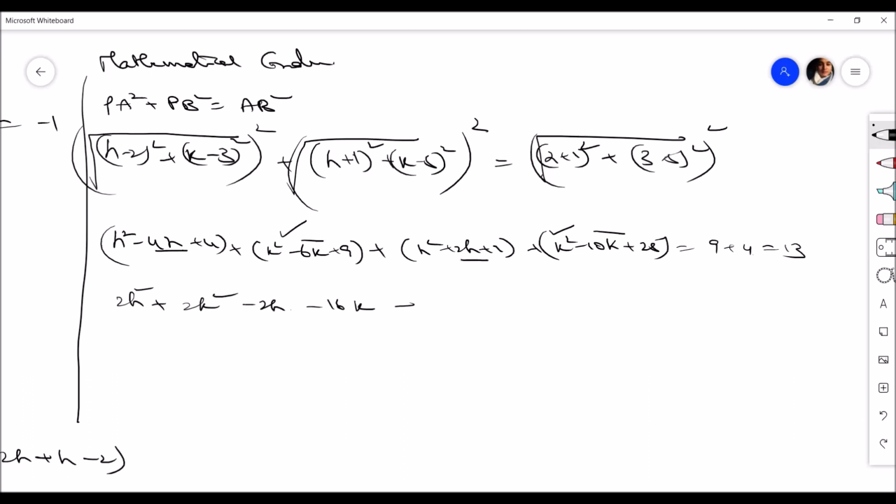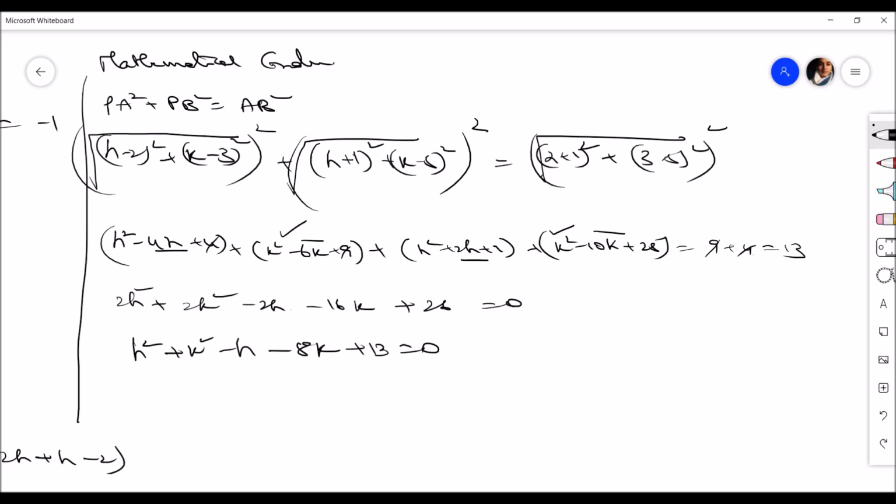Plus 9 and 4, which is 13, will get cancelled with this 13, and you are simply left with plus 25 plus 1, that's 26, which is equal to 0. Because all terms are even numbers, I can remove a 2 common and strike it off. That's giving you h square plus k square minus h minus 8k plus 13 is equal to 0.